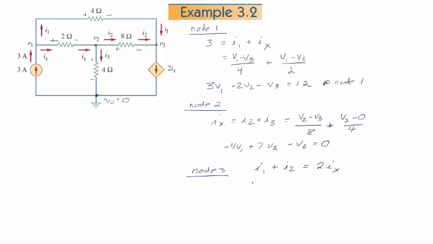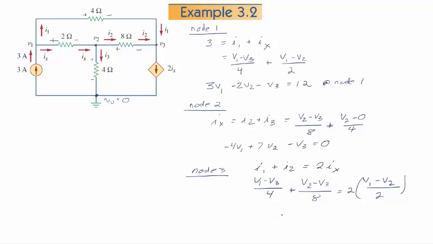So I make the substitutions for what IX is. So I1 is V1 minus V3 over 4 plus I2. I2 is V2 minus V3 over 8 equals 2IX, and IX was V1 minus V2 over 2 ohms.